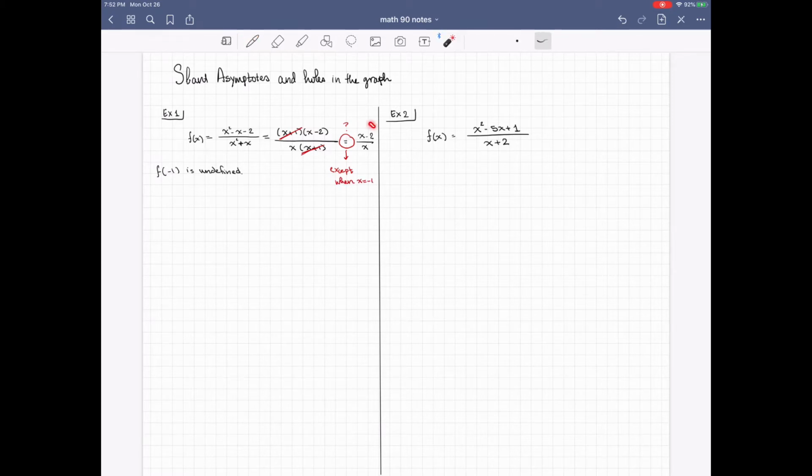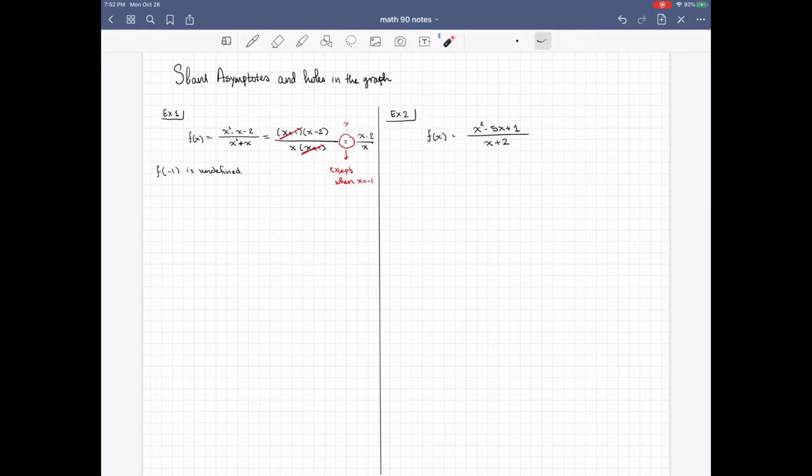X minus 2 over x is happy as can be at -1. If you plug -1 in for x here, you would get -1 minus 2, which is -3 over -1. So -3 divided by -1 is 3. This is perfectly defined when x is -1. But our original function isn't.